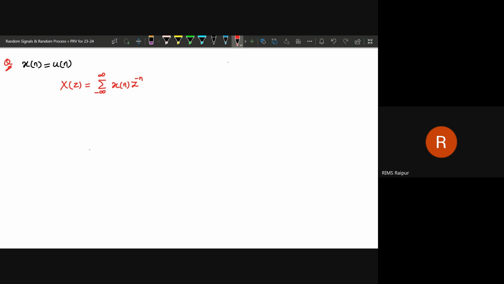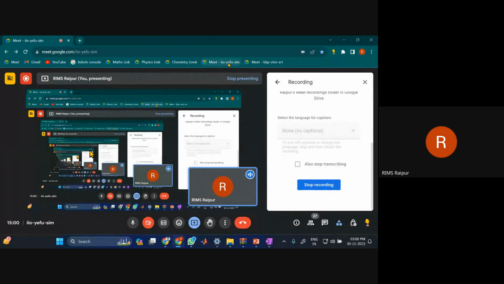Okay. How many of you are able to solve this? Just tell me, just acknowledge. Solving, sir. Okay. Yes, anyone who got the answer?